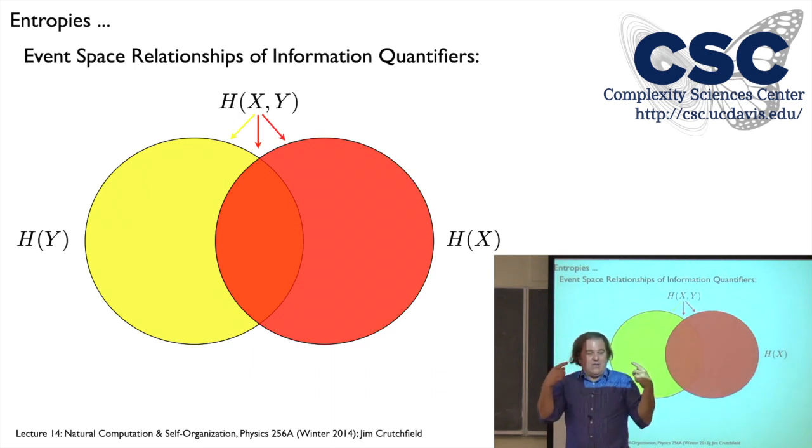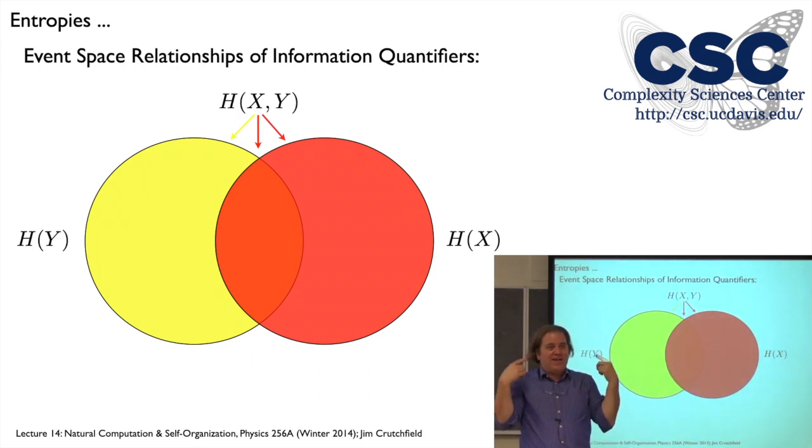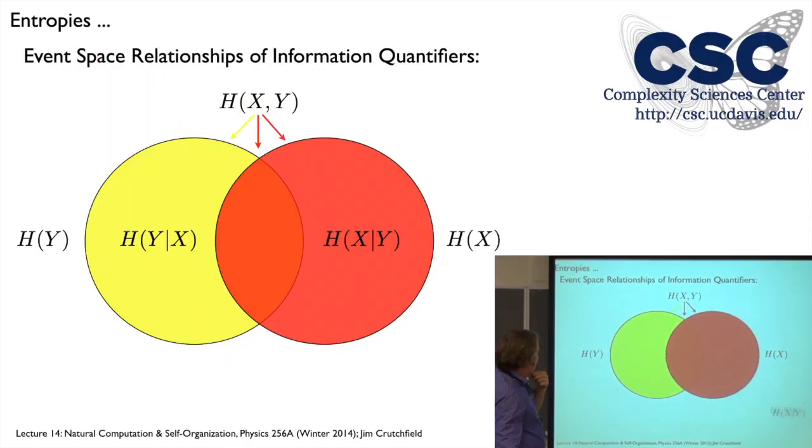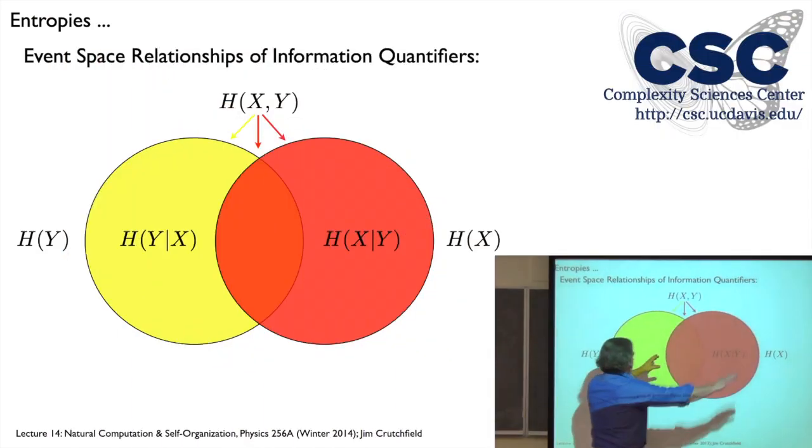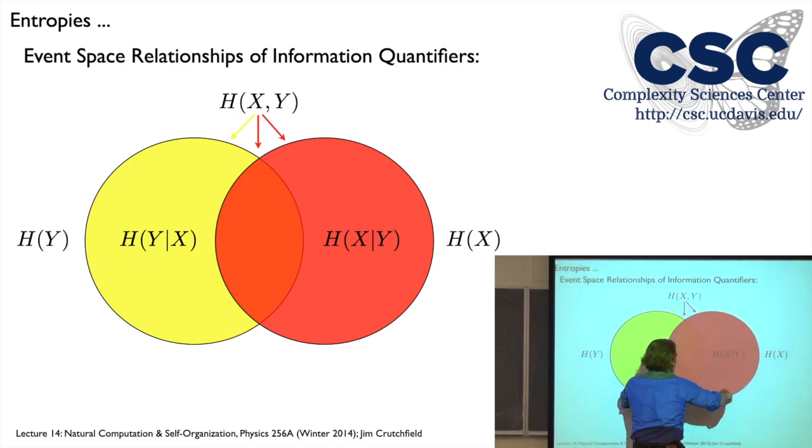And I can also immediately start reading off some of these identities I was just going through. It's my total uncertainty in x, but then I hack out the y piece, so this red crescent here is the uncertainty in x given that I knew y.